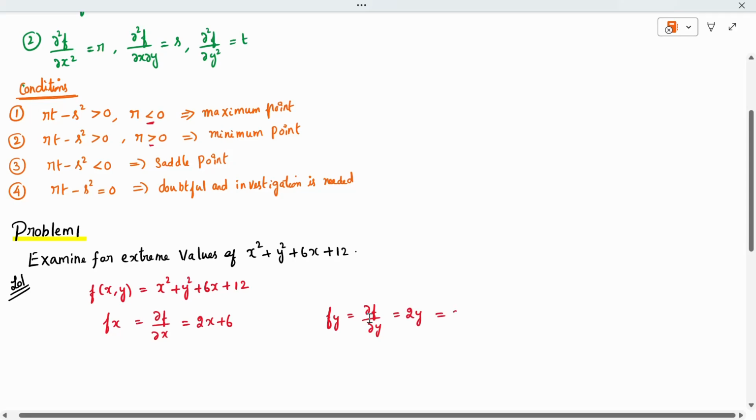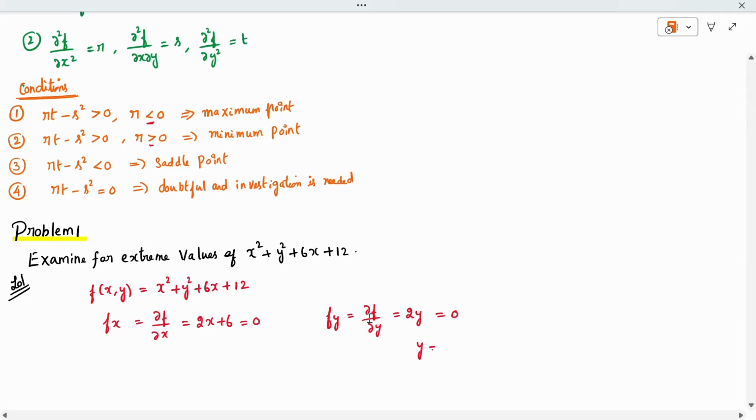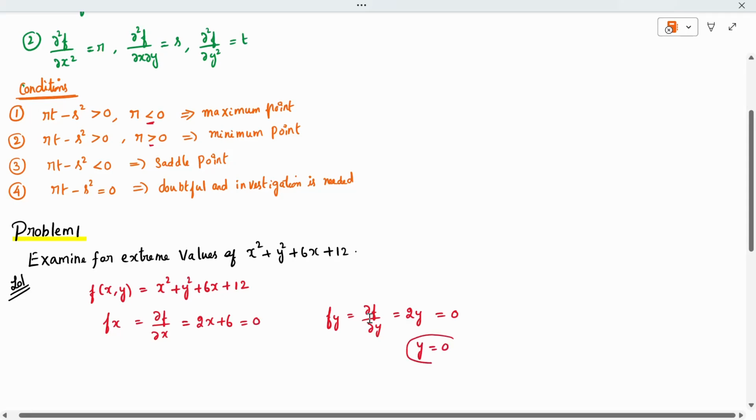So make it equal to 0. 2y equal to 0, getting the point y equal to 0. In this, when I make 2x equal to minus 6, x equal to minus 3.